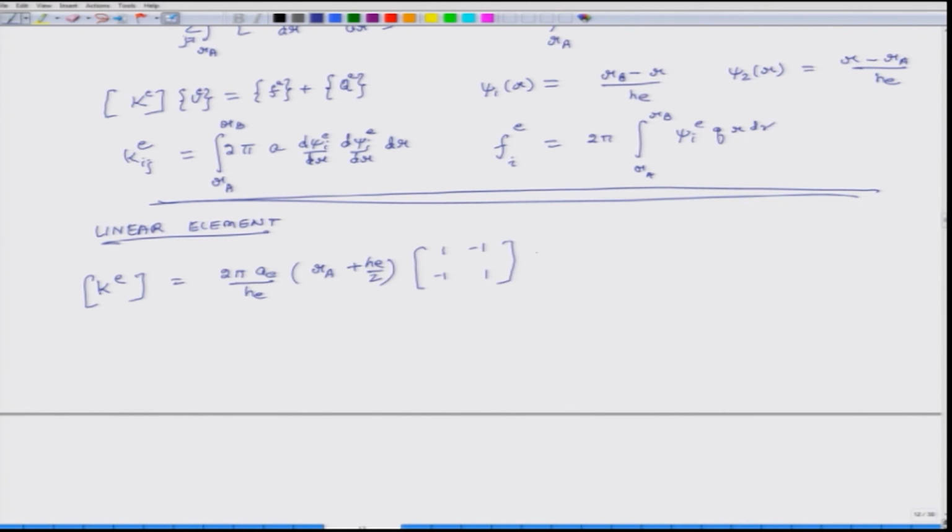So, that is the definition of the K matrix, and the definition of the F vector for the eth element is 2 pi Q E H E over 6 times a vector 3 R E plus H E and 3 R E plus H E.